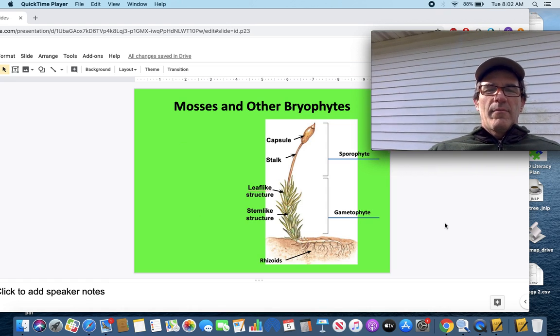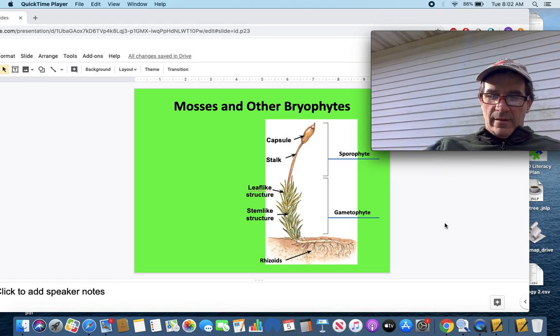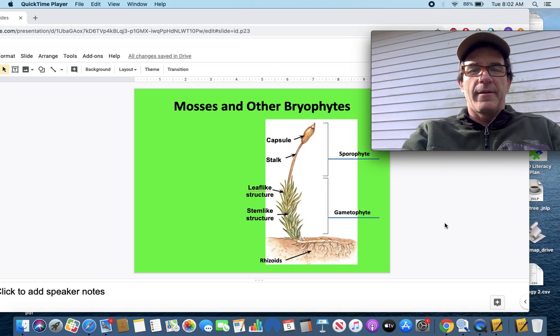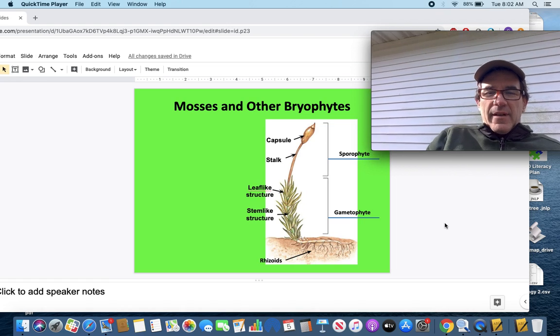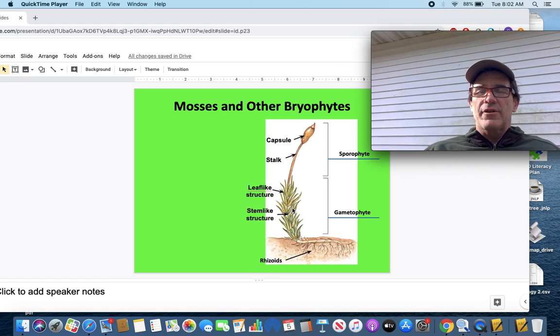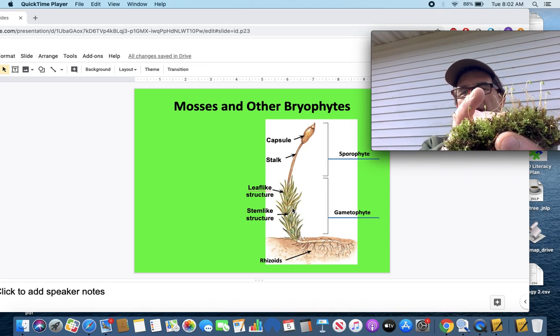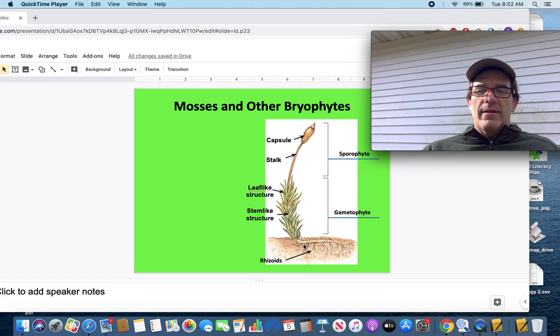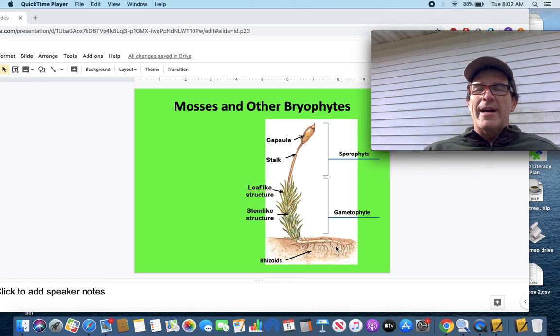Mosses and other bryophytes have a couple of major body parts. They have down here at the bottom the gametophyte, and that's the green leafy structure that you see. That's mostly what you're looking at when you look at a cluster of these mosses. Under the ground here, they have a special part called rhizoids.